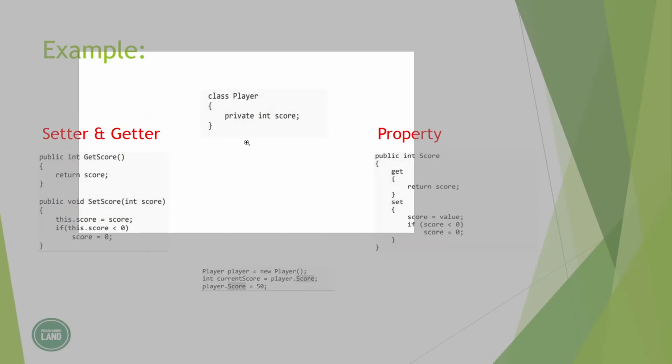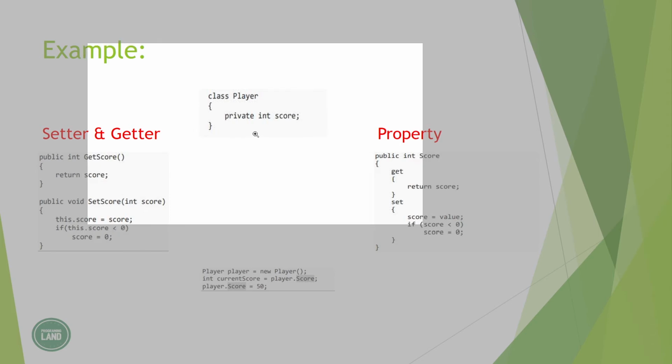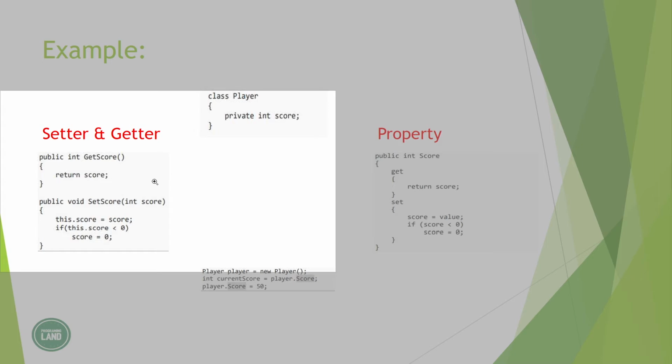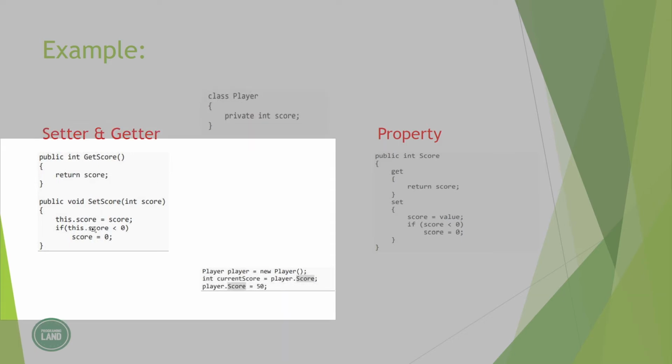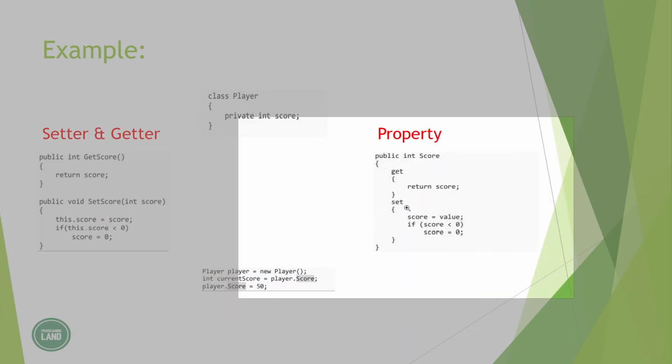Here we have a variable which is private int score with small s, and this is the old way of setter and getter. We need a getter, get score, and a setter, set score, and this has an input, and it says if the score is lower than 0, we set score to 0, and we don't want it to be negative. But the new one is here: property.